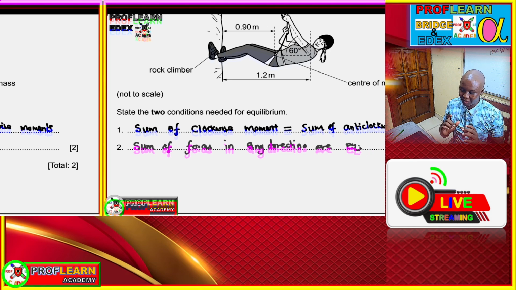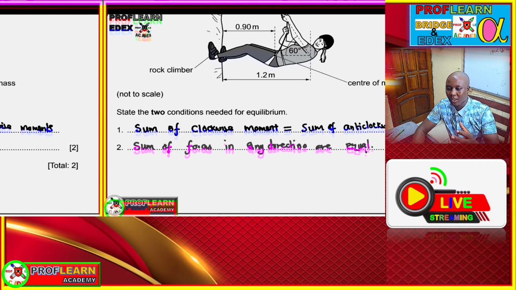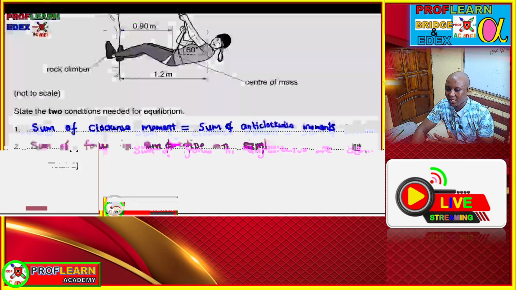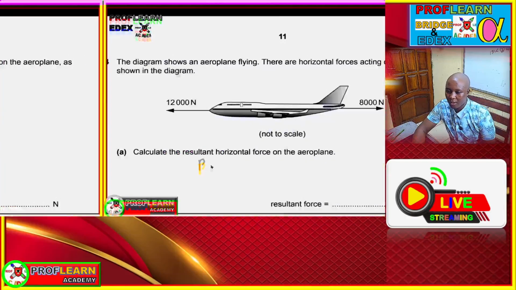If an object is at equilibrium, it means that the clockwise moment is equal to the anticlockwise moment, and also forces in any direction are equal. So if you are talking about downward forces and upward forces, they are equal, or forces to the left and forces to the right are equal in that case.